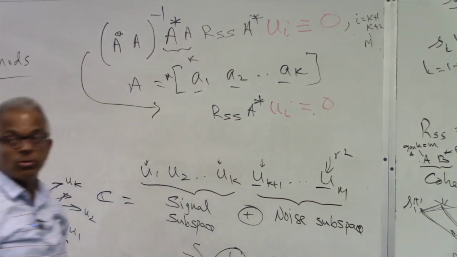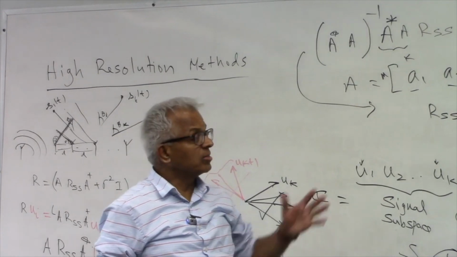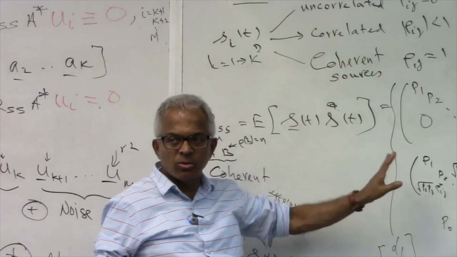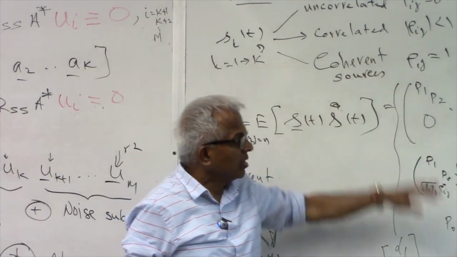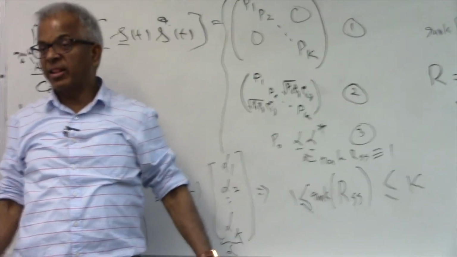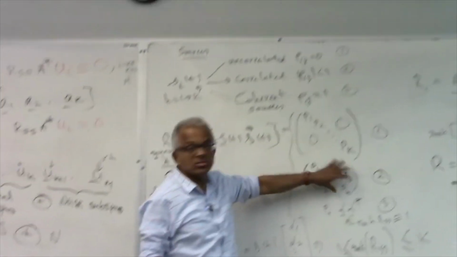Now what can you conclude? Look here. Here you have two or three cases. We haven't used the R_SS structure. If I'm saying R_SS is rank 1, then you can't conclude anything there. So let me go to this case. R_SS is full rank.